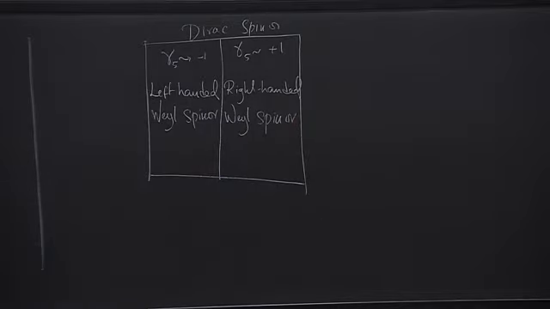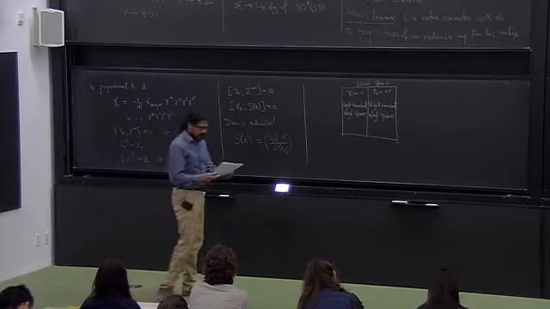So the Weyl spinors are the irreducible representations of the spinor of the Lorentz group. They are the irreducible spinor representation, okay?